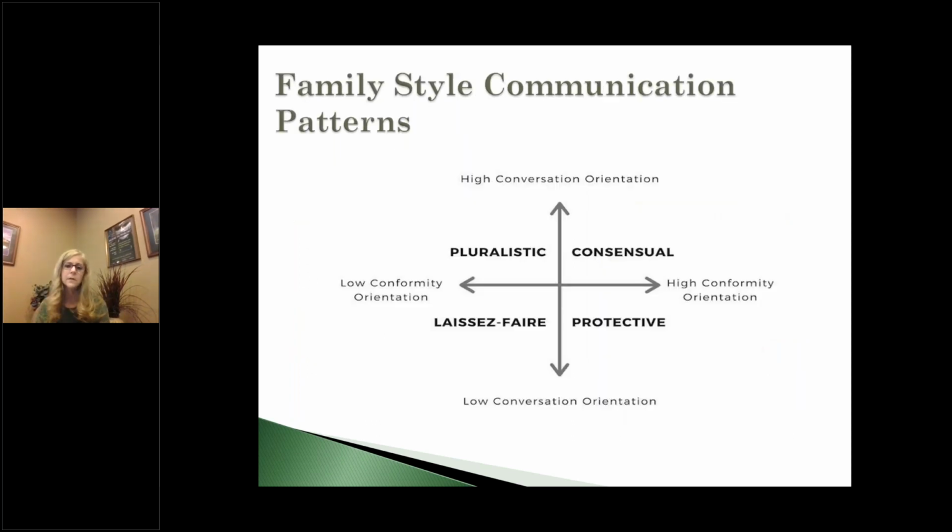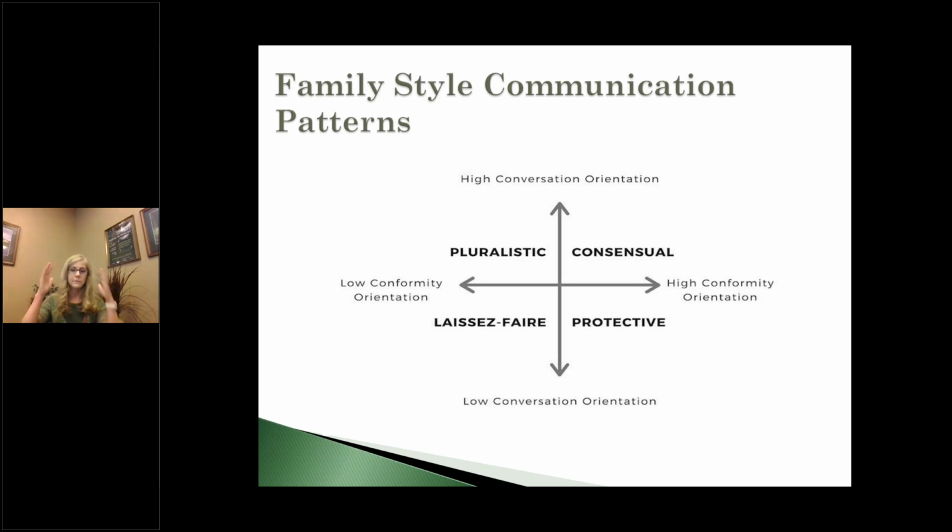So this is a slide on communication patterns. You will notice at the top you have the family or the group couples that are high conversation orientation, and at the very bottom, low conversation orientation. So we're just going to split that in two. And now if we put the line through the center, you have on the right side low conformity orientation, and on the left side high conformity orientation.